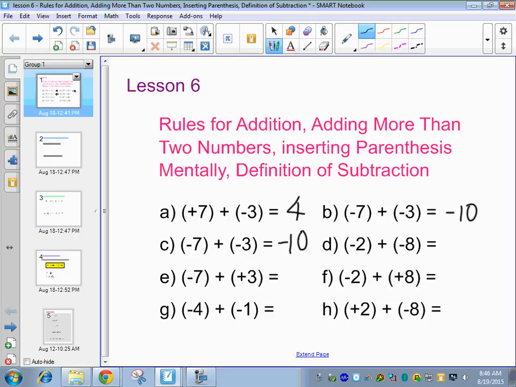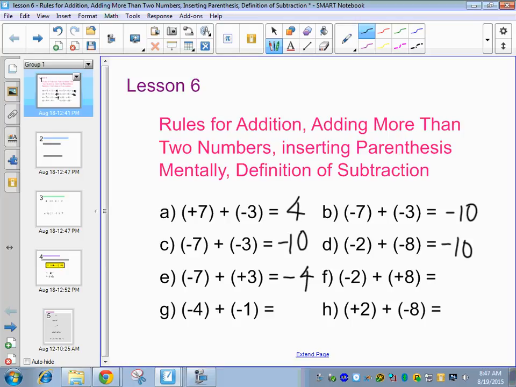How about negative 2 plus negative 8? Yeah. Negative 10. Okay. Negative 7 plus positive 3. Yeah.